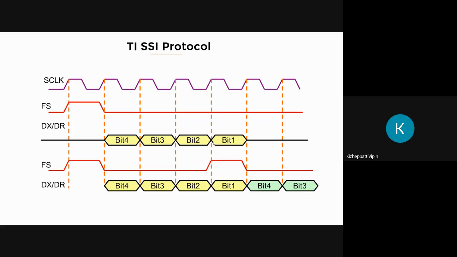Otherwise this won't work, because if he doesn't know the frame size, he won't know whether there is valid data along with this pulse, or this is just the start of a new frame. He won't know unless he knows each frame is 4-bit. If he knows each frame is 4-bit, he will start counting from here 1, 2, 3, 4, and so this is valid. Along with that, it pulsed. That means from the next clock there is valid data. That's how he interprets. Is this okay?